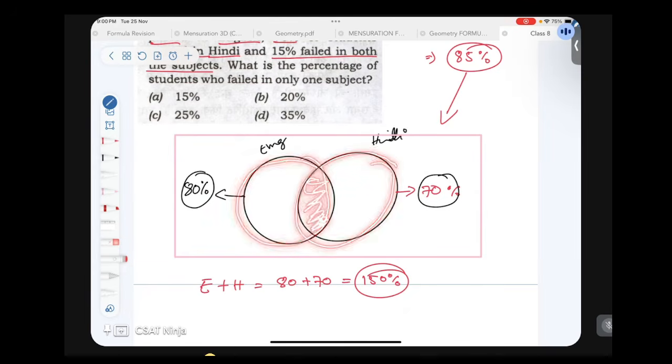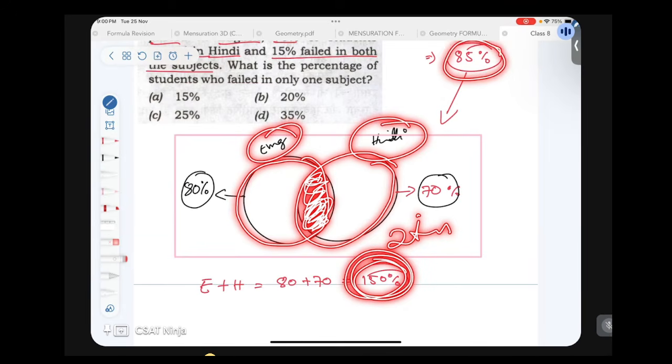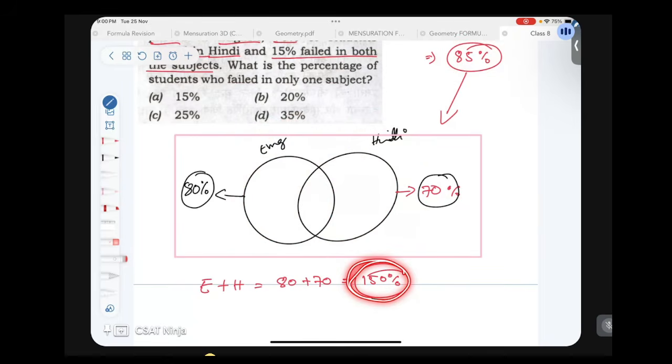That means this area here is being covered 2 times in English as well as Hindi. So there is some extra value here. The actual value should be only 85, but there is an extra value here, which is 150. The extra value in this 150 is nothing but the area covered by this one, the ones who have passed in both the subjects.